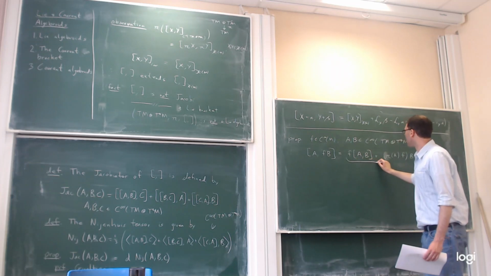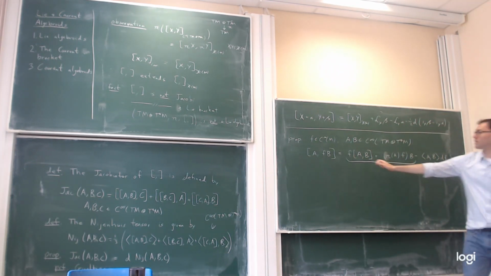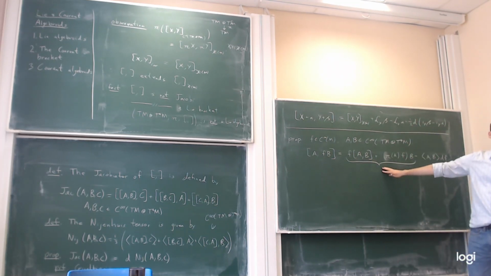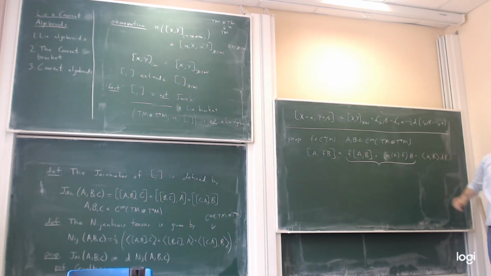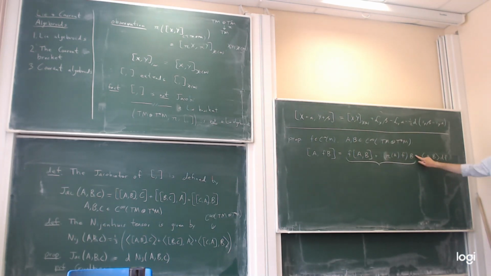So what I want to say about this is that the equality of the left-hand side and this bracketed term, without this part, expresses the Leibniz condition. So we see that we almost have a Leibniz condition, but there's this extra term here.